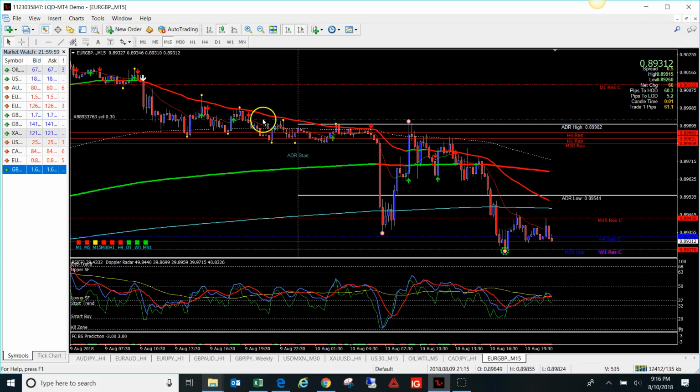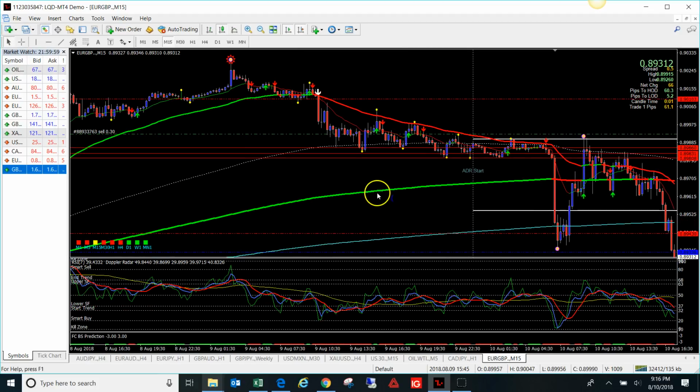It kind of went red, then it went green, and then, you know, it went red. So this definitely right here confirmed the continuation of the downtrend. All right, so that is something to be aware of.